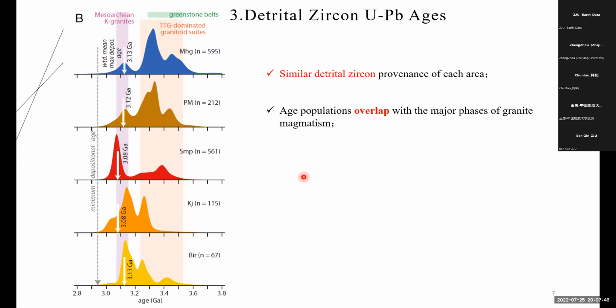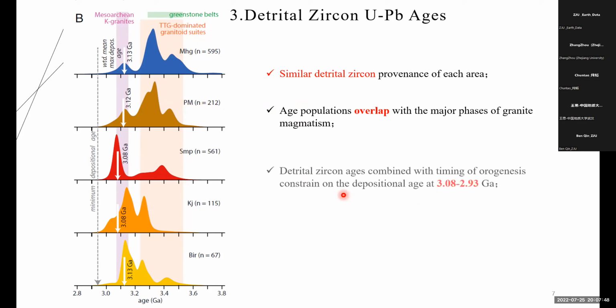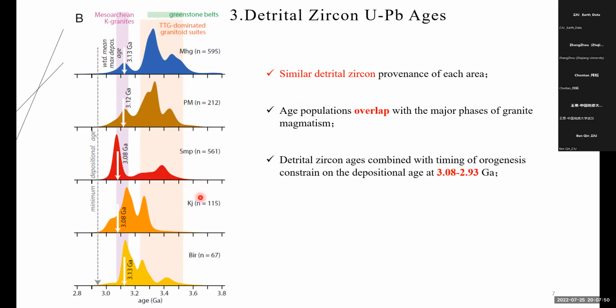And then they used the zircon age combined with the timing of origins of this area to constrain the depositional age at about 3.08 to 2.93 billion years ago.